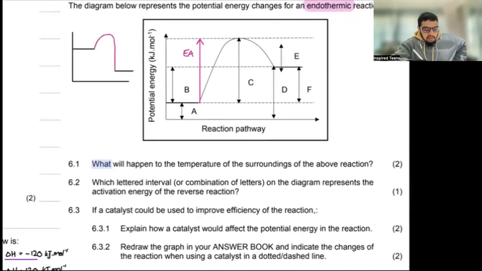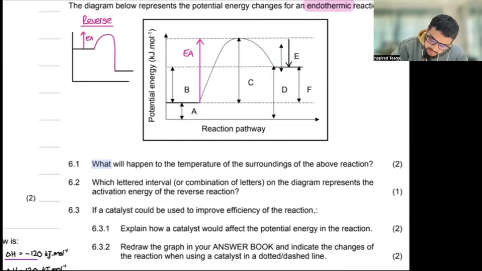This is for the reverse reaction. If we look at this graph, the activation energy would be from here to the activated complex. It's a bit of a weird arrow, but the arrow represents from here to here.